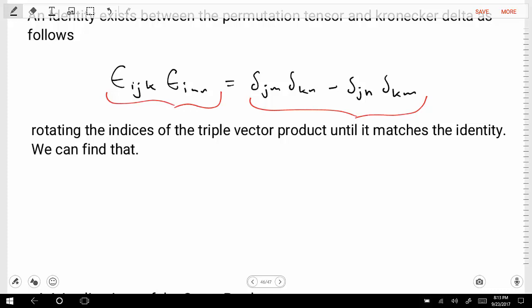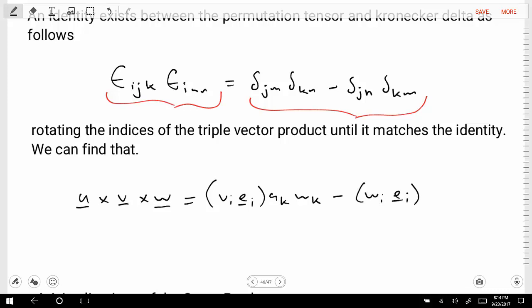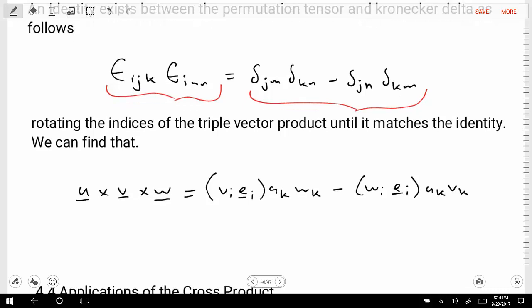And we'll find that u cross v cross w is going to be equal to v_i e_i u_k w_k minus w_i e_i u_k v_k.